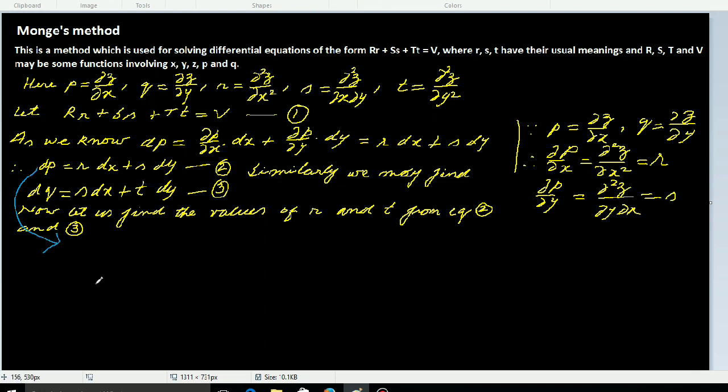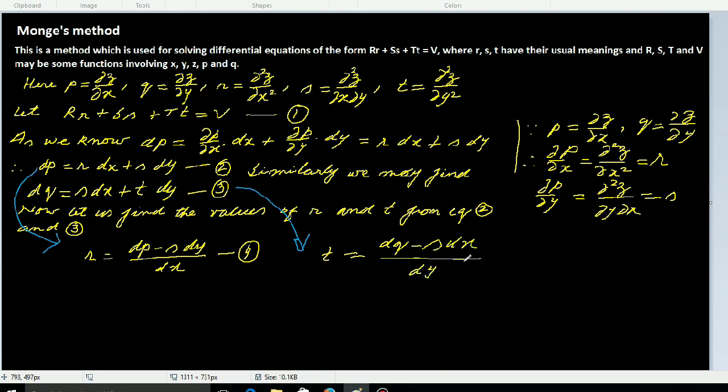So r is equal to dp minus s dy upon dx. Say this is equation number 4. And now from equation 3, t is equal to dq minus s dx over dy. Let it be equation number 5.